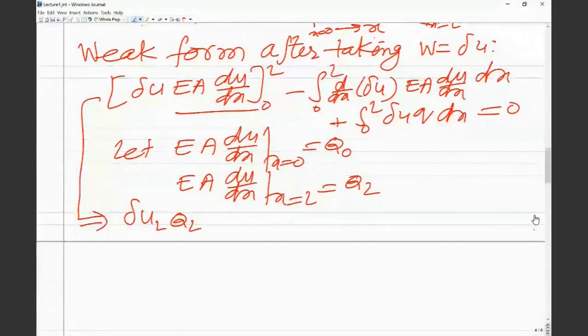I'm just using this notation, that's all.